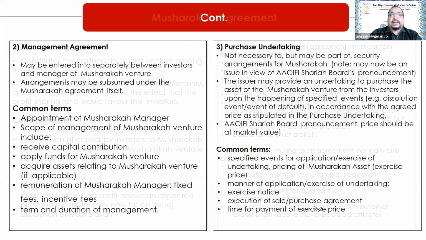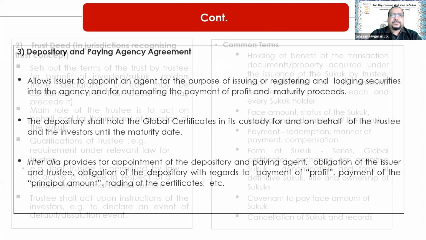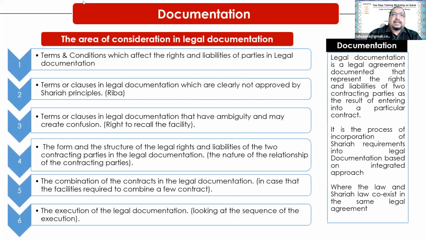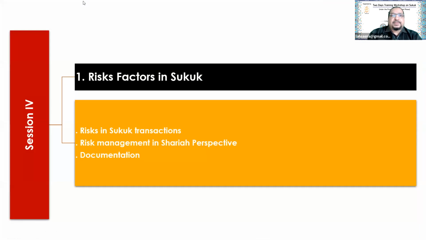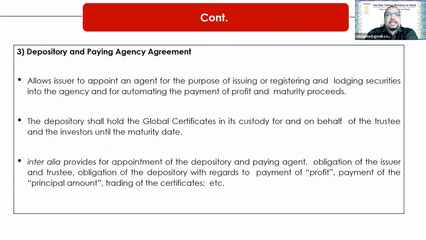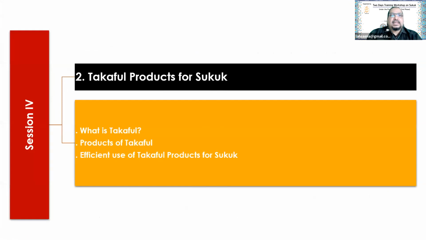Yeah, this is basically the first item, which is the risk factors in Sukuk, which include risk and the documentations. Any question before I move to the second point, which is related to the takaful product, which is related also to the risk because it's about protection?